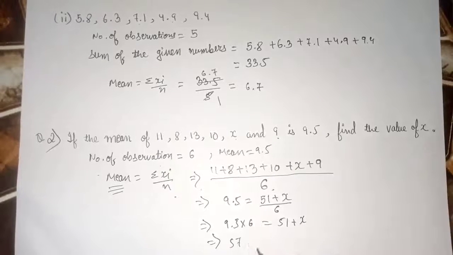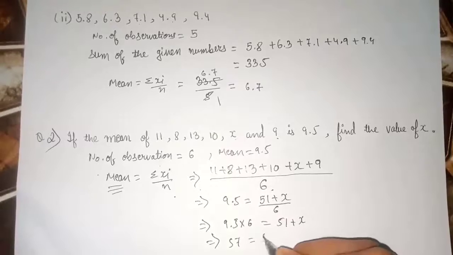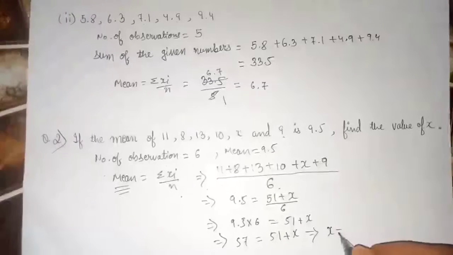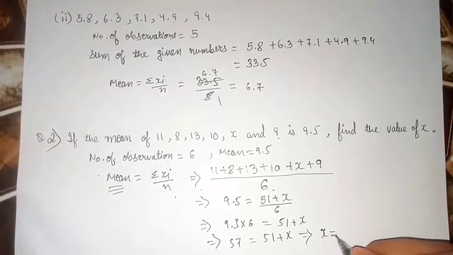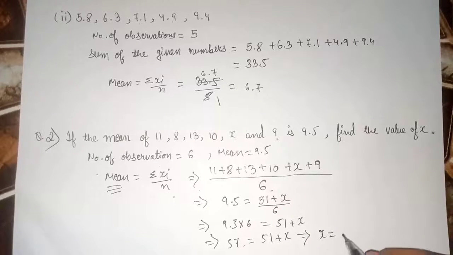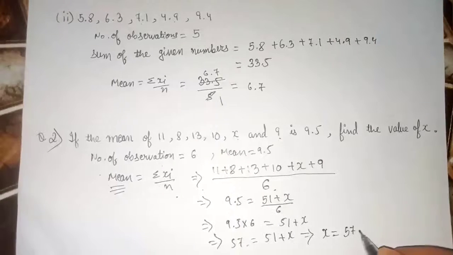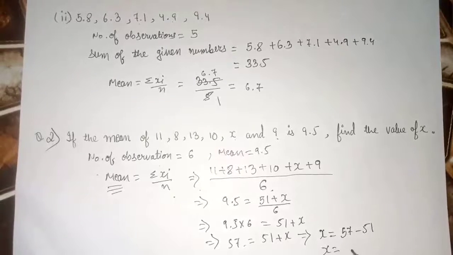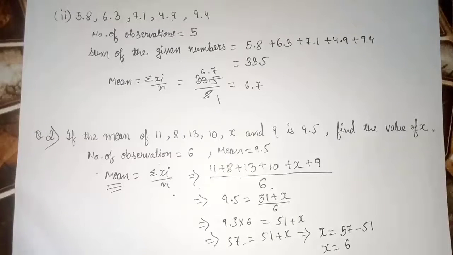So 57 equals 51 plus x. So x equals, this 51 will come to this side and get subtracted from 57, that is 57 minus 51, x equals 6. Okay, so in this way we solve these problems.